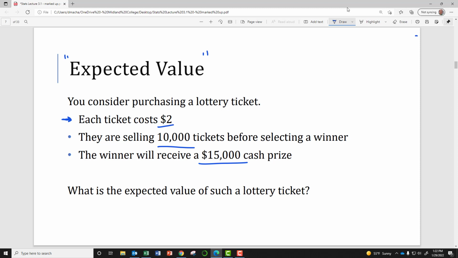Well, the expected value, like it sounds, is kind of what a reasonable person should expect that lottery ticket is worth. What would a reasonable person expect this lottery ticket to be worth? Maybe think about that for a moment.